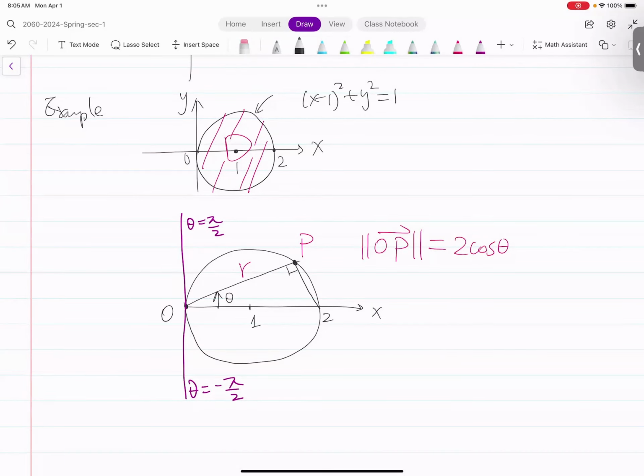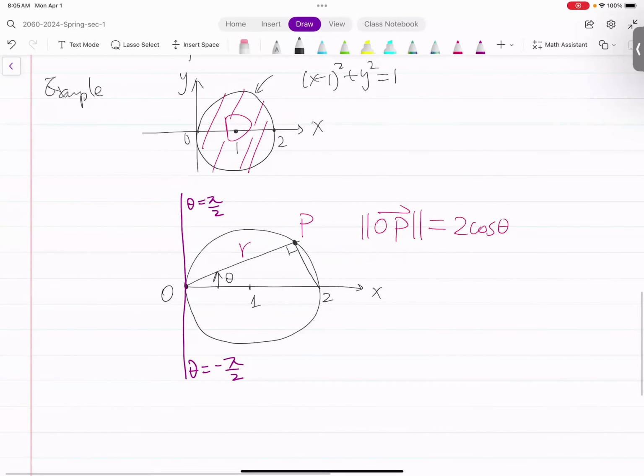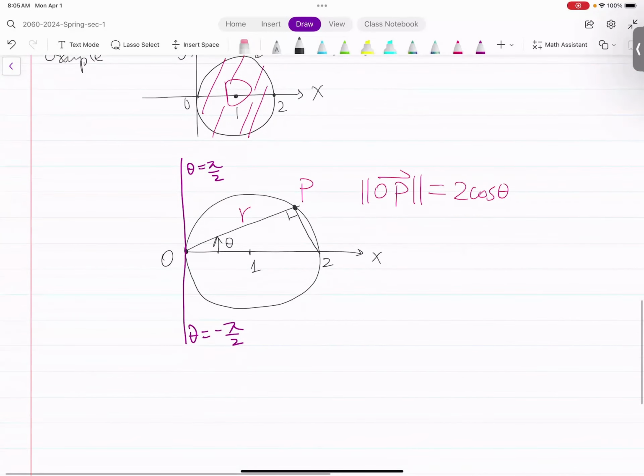Now when you try to describe this region in terms of the polar coordinates, you can see that theta is cut between negative pi over 2 and pi over 2, but then r is cut between 0 and 2 cosine theta. So let's write it down.